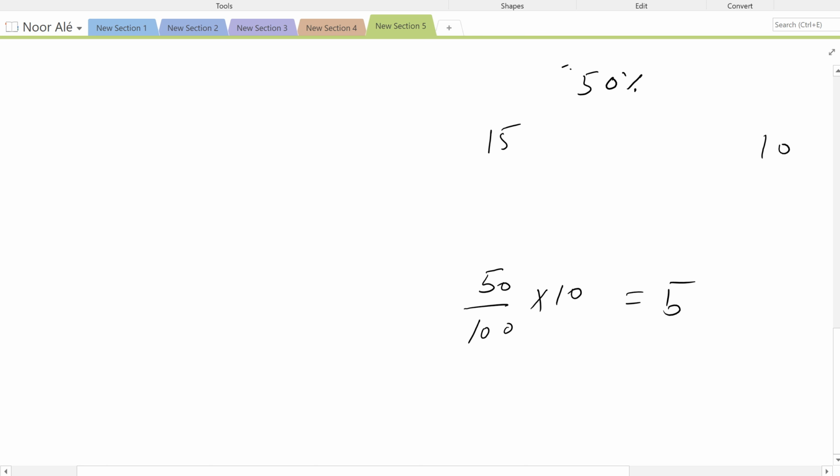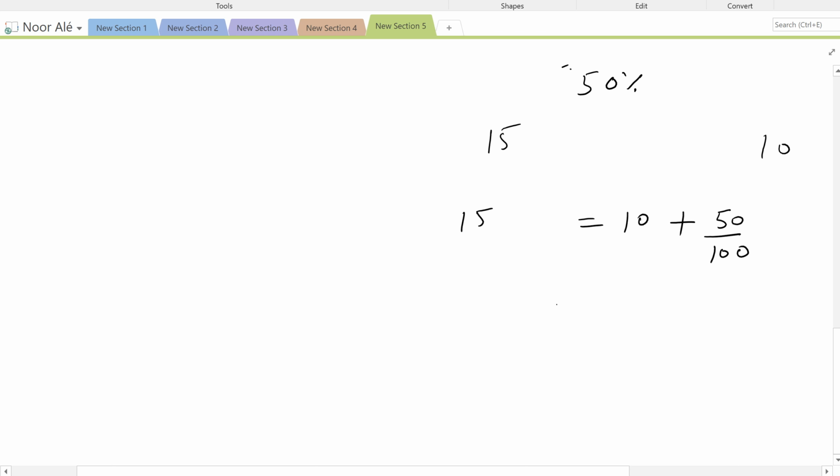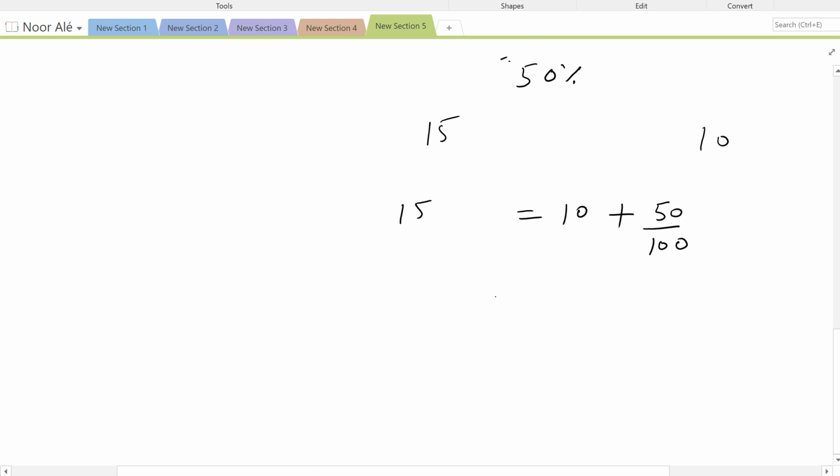Okay. Now, 15 is 50% more than 10, right? So we do 15 equals... how much more is that? 15 is 10 plus 5, right? 50% of that number.